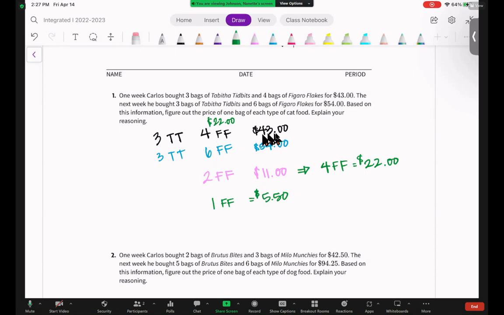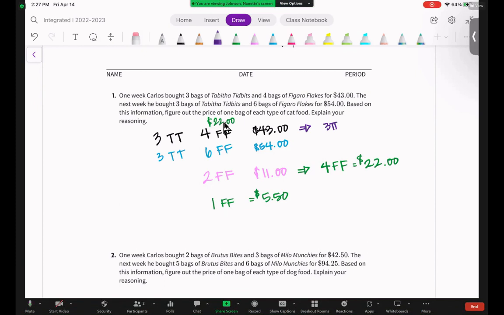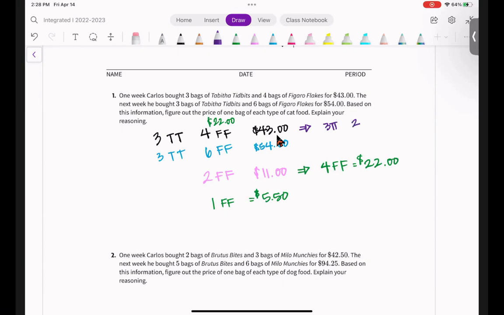If you know that four bags cost $22, how does that help you figure out the Tabitha tidbits? Right? So where would I go next? What logically comes next? Yeah, so hopefully some of you are saying, okay, well, Miss Johnson, 3 Tabitha tidbits. If I take away that $22 from here, that leaves me with $21, right?